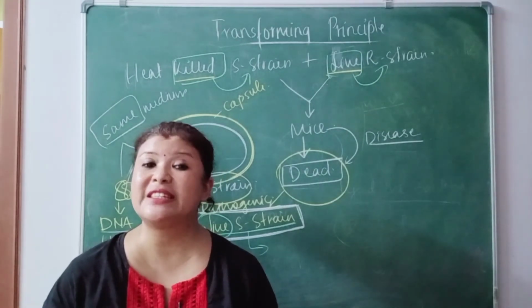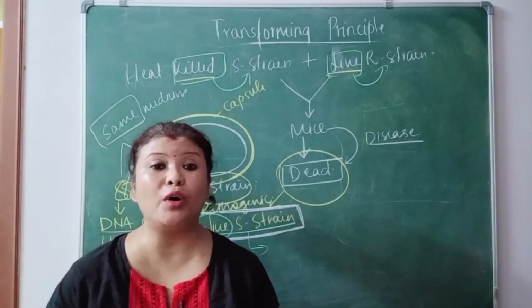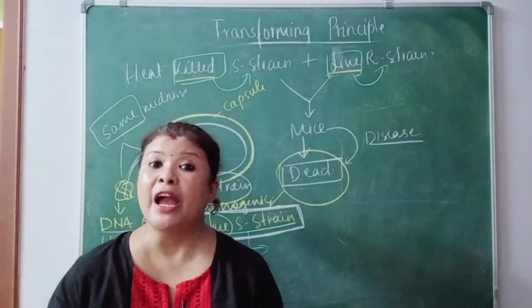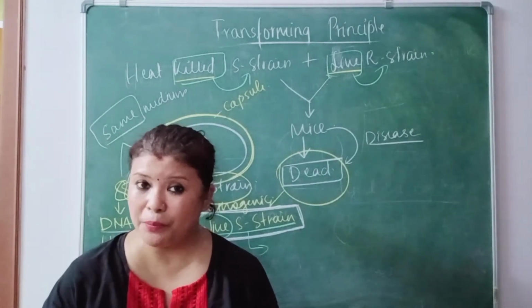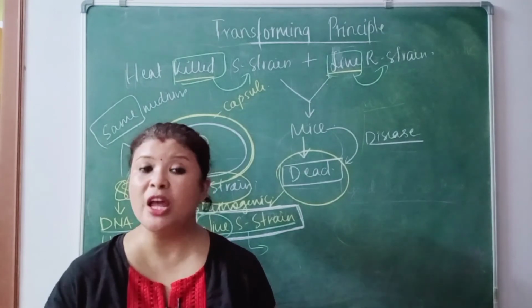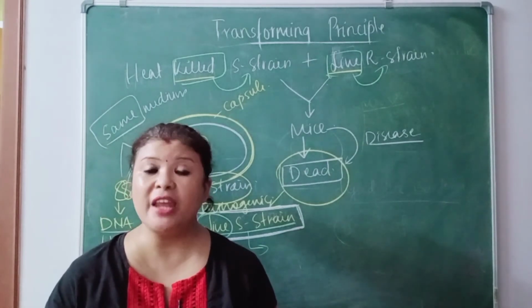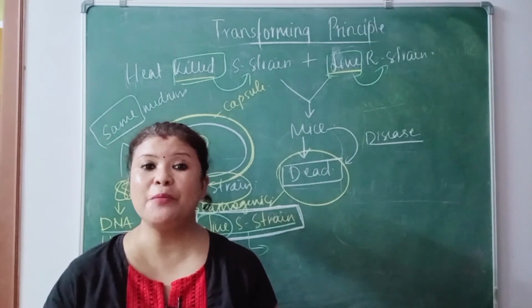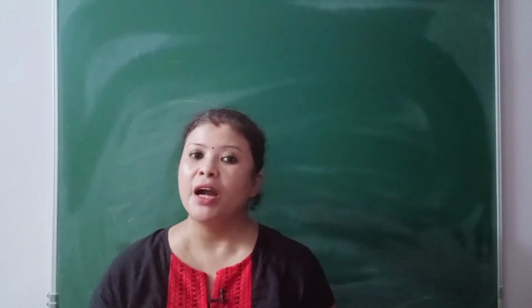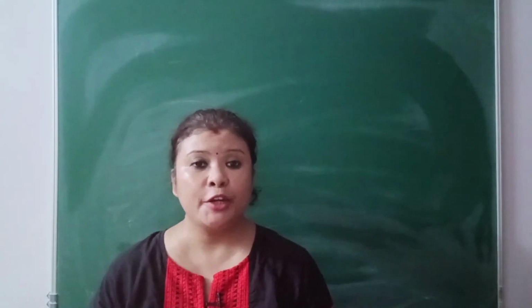That means it was the DNA which was actually responsible for transforming the R strain, giving it the information for the formation of the capsule and the information for the pathogenic form, and then converting it into the S strain. Another conclusion was given by Griffith.